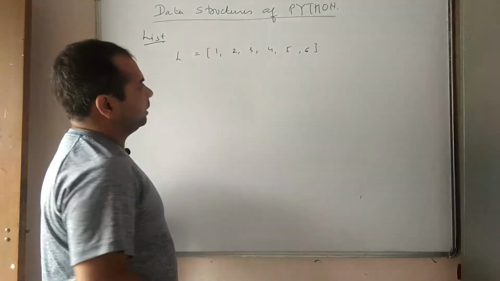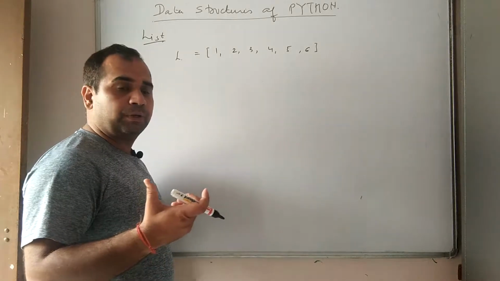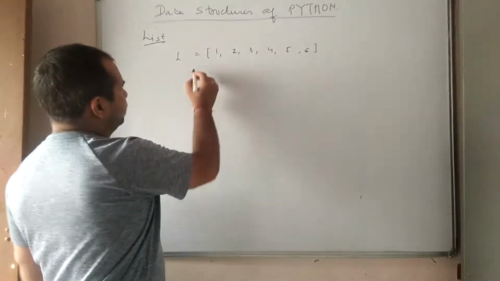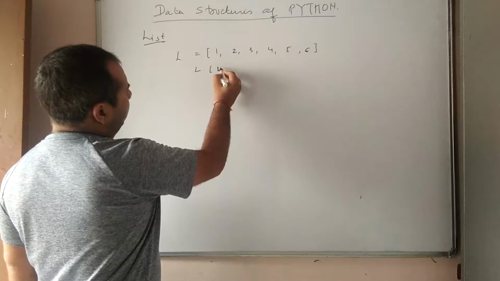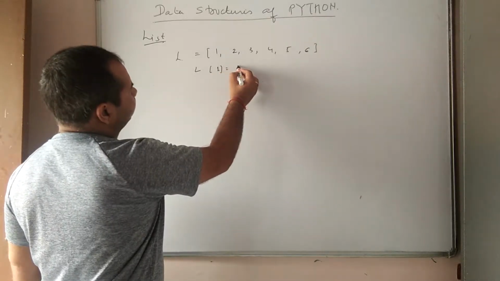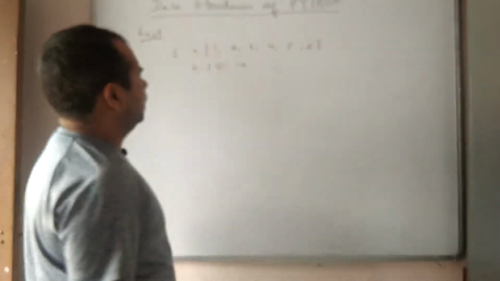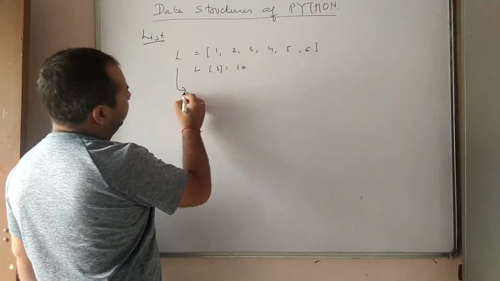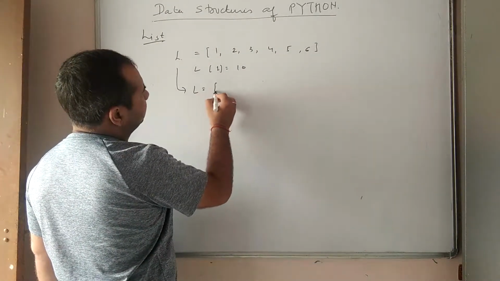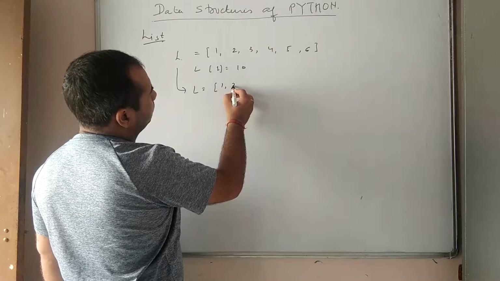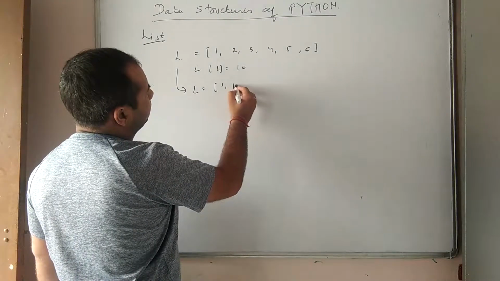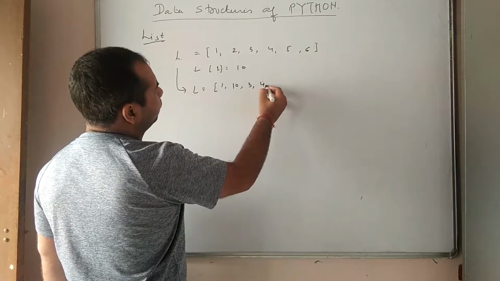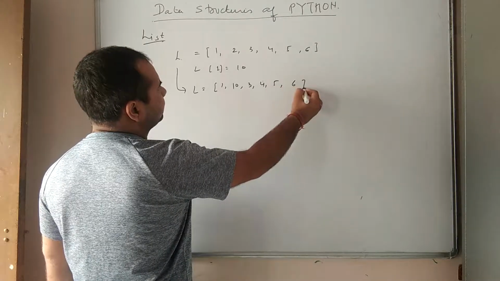And what is the meaning of mutable? Mutable means, suppose I write L[1] equals 10. Now when I print L again, I will get 1, 10, 3, 4, 5, 6.